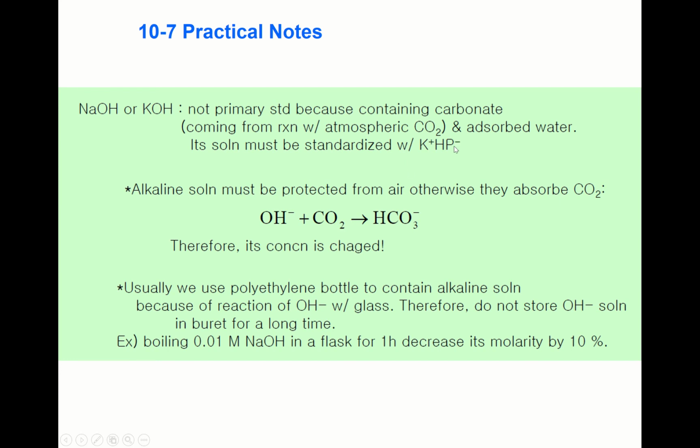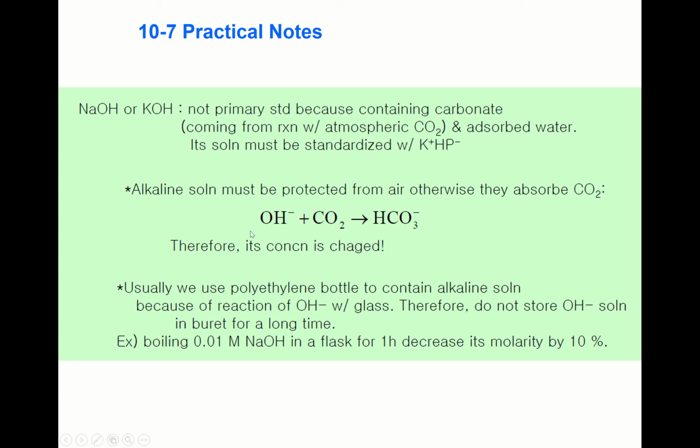This alkaline solution must be protected from air, otherwise it absorbs CO2. From the alkalinity section, I showed you that in alkaline solution, CO2 solubility is much higher than in neutral or acidic solution.